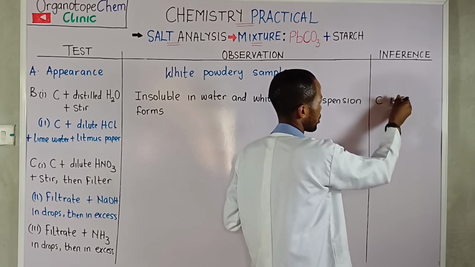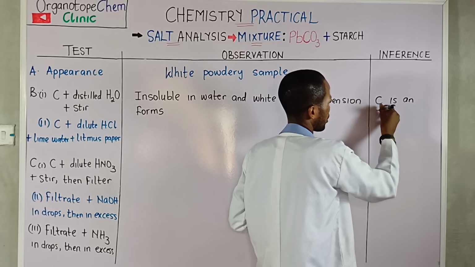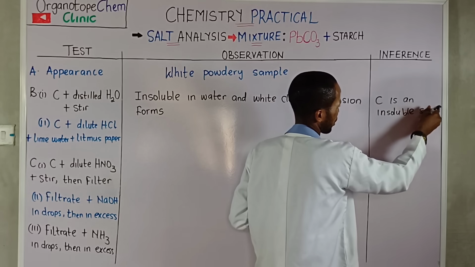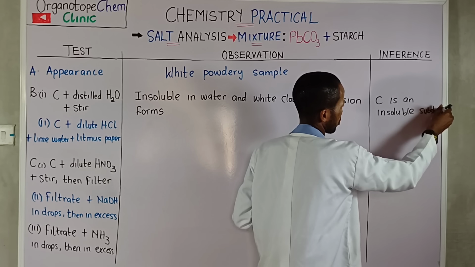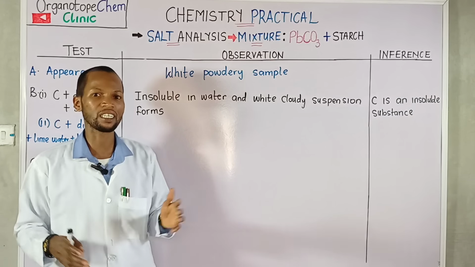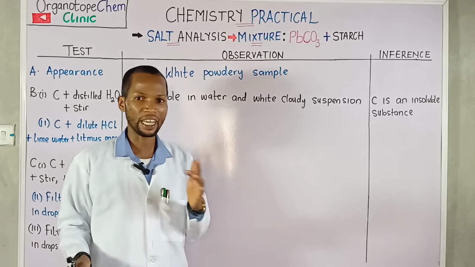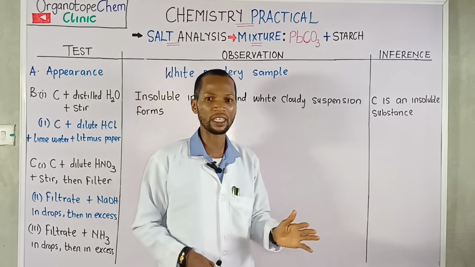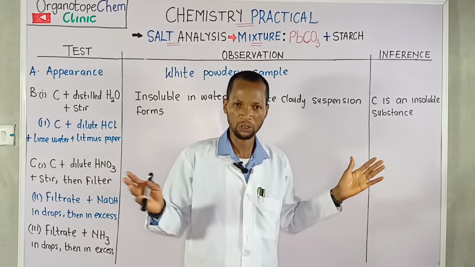C is an insoluble substance. Okay, if it is revealed in the question that C is a mixture of substances, then the inference will be C is a mixture of colloidal and immiscible substance.